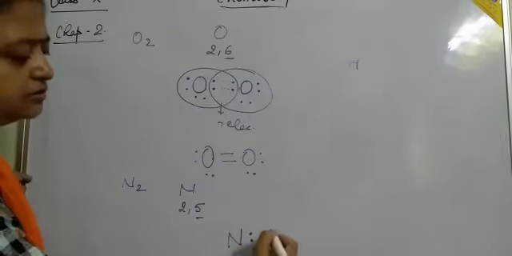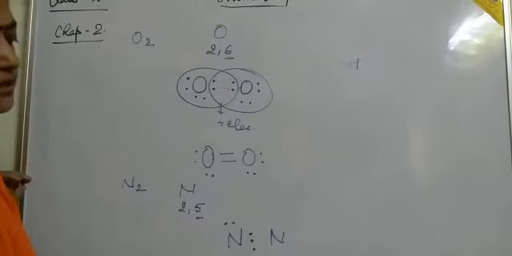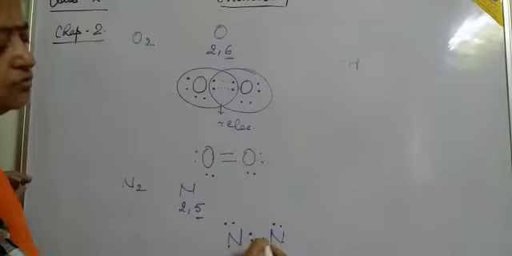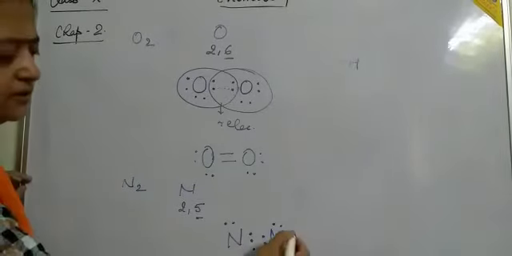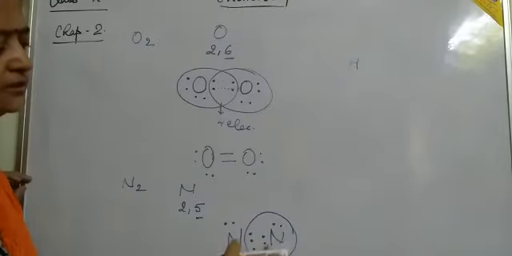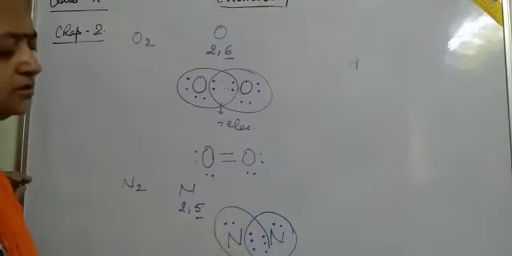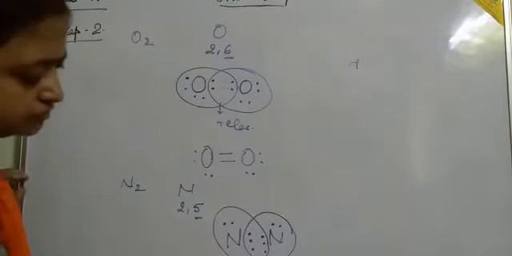It has 5 electrons, right, like this, and for this 2 and 1, 2 and 3 electrons. Both share their 3 electrons, so 6 electrons are shared, 6 plus 2, 8. So the octet is completed. We must take care of forming the circle between these two.